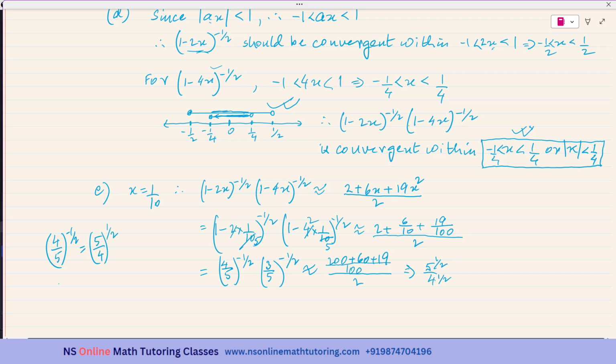And you know this law of indices, A over B raised to the power of m is equal to A to the power of m over B to the power of m. This is the law that I am applying over here, and the previous law is A to the power of m is equal to 1 over A to the power of negative m. This is the law that I have used over here.